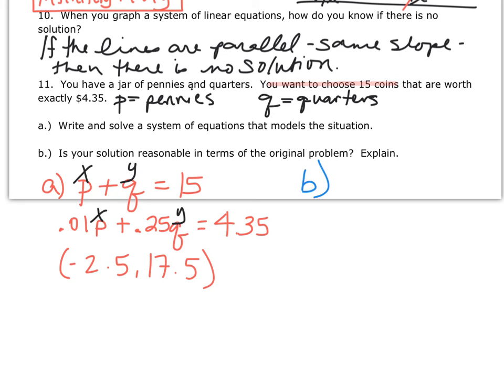And we don't want to owe 2 pennies. That's crazy. All right. So that's what I want you to tell me for part B. You can't have fractions of a coin. And we can't have negative coins. We don't want to owe money. That's silly if you've got a jar of quarters and pennies.